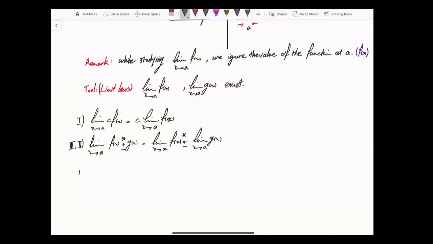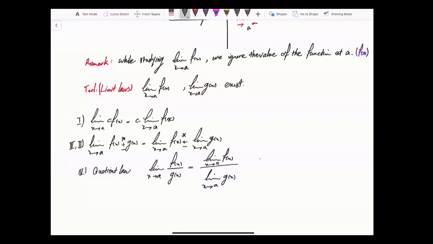And then we have a very important one, which is called the quotient law. It says, how about the limit of the quotient of f over g as x approaches a? This will be the quotient of the limits as x approaches a. If I leave it like that, that would be a big lie.